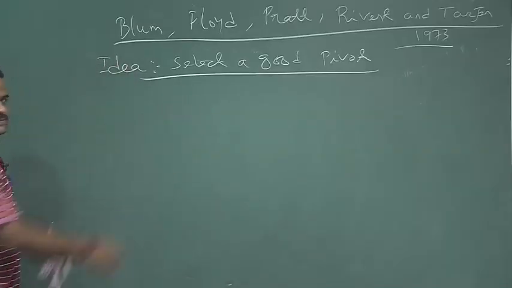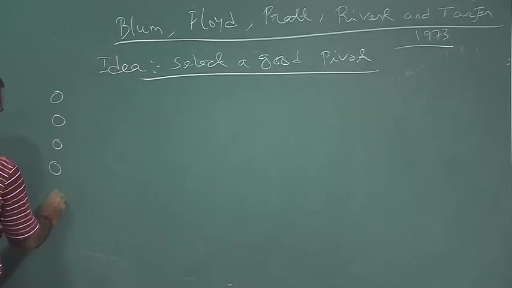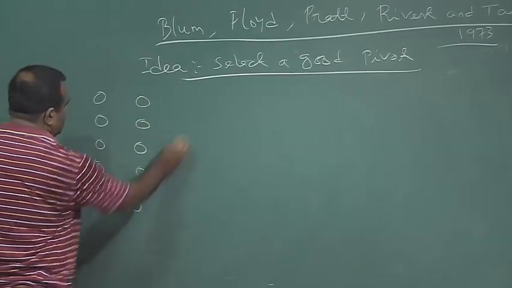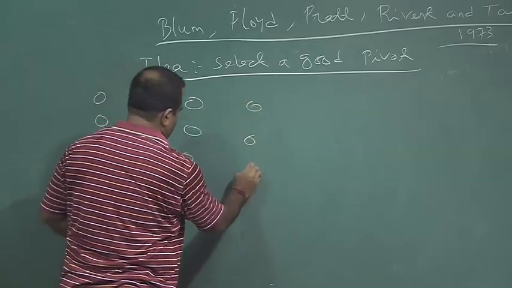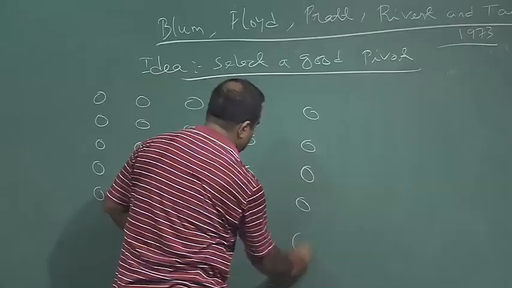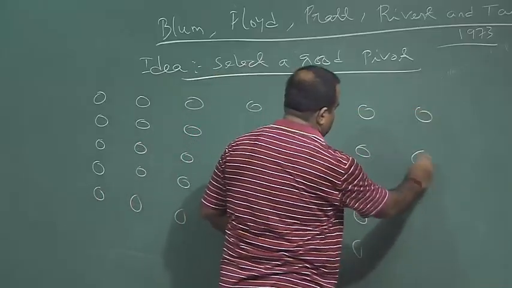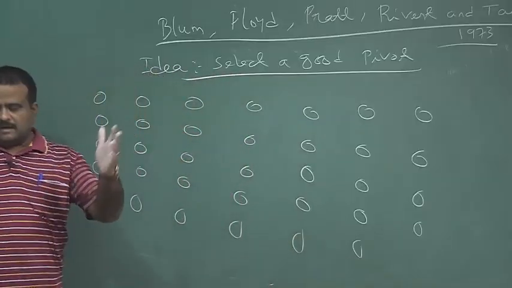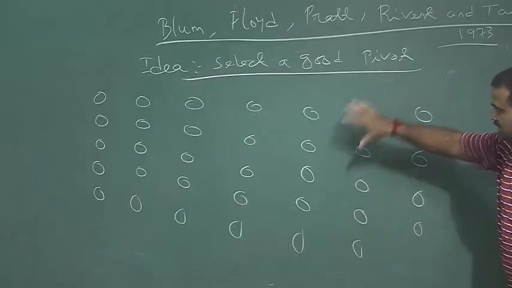For that, what do we do? We have an array of size n, and we group it into groups of 5 elements, like this. Maybe the last group has only 3-4 elements.